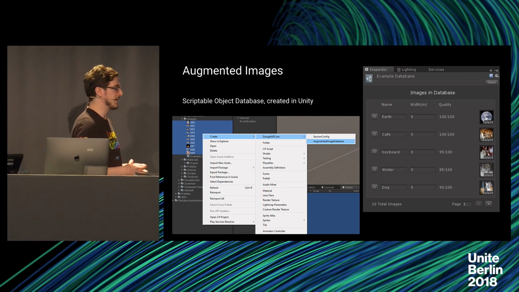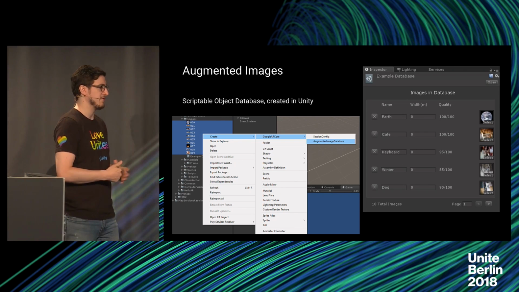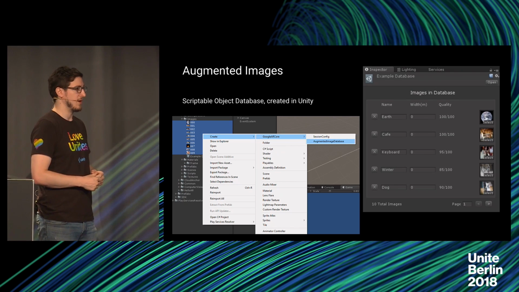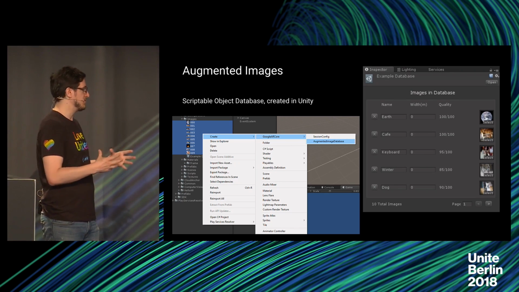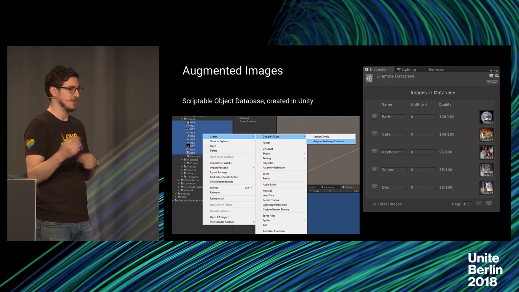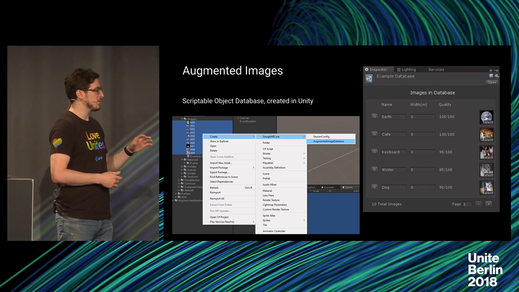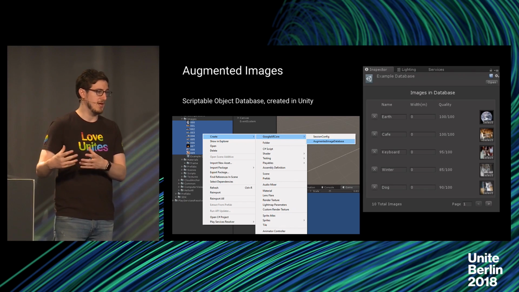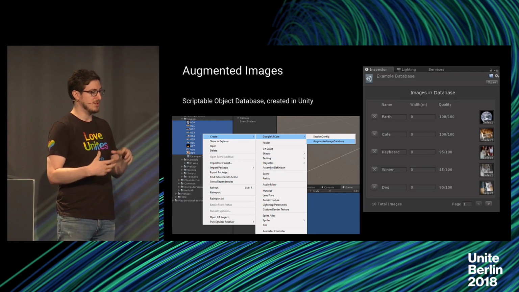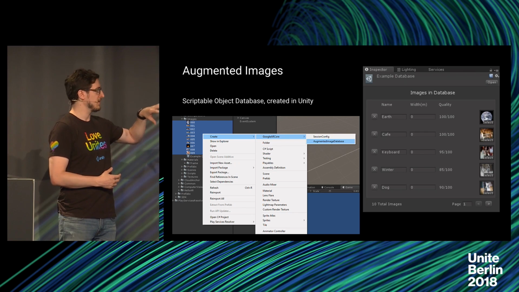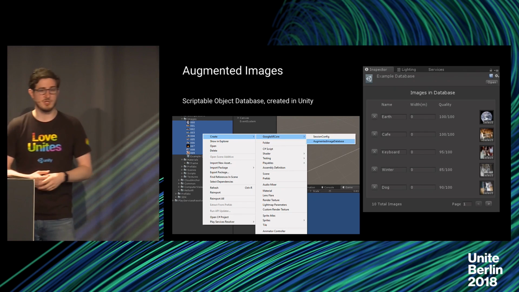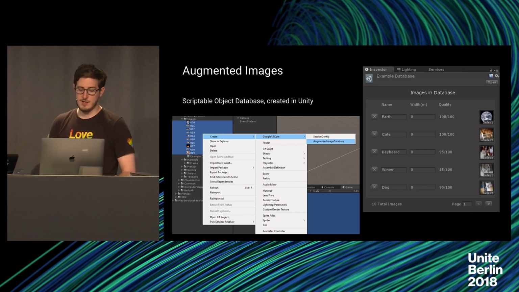So if you had something like a magazine or a lot of different images, you can add those all to a single database and then ship that with your application. There also is some support for streaming in images. They do need to go through this compilation step in order to get associated with it, but that is a feature as well.